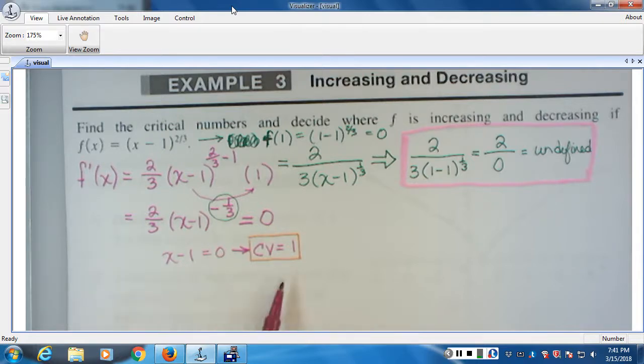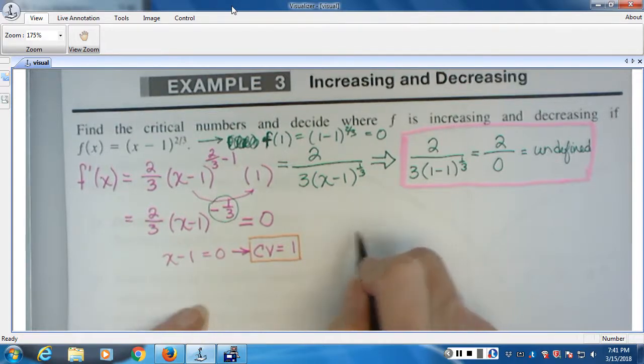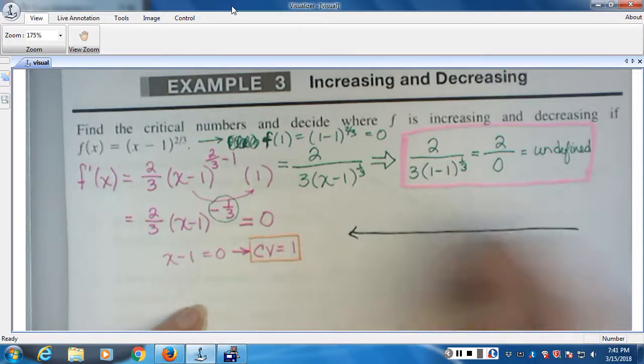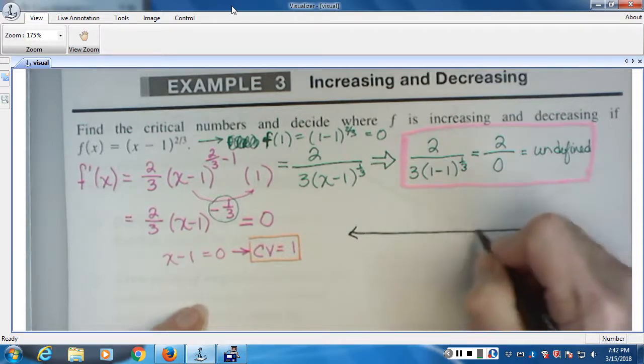So we've got one critical value. Okay? That means that we take our critical value, just like we did before. We put that critical value on the number line.